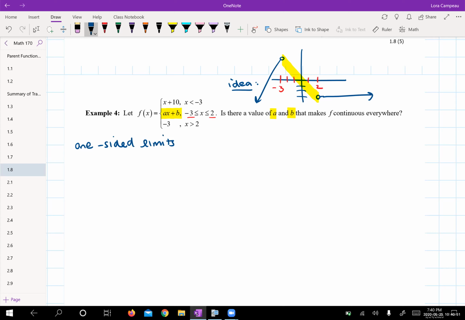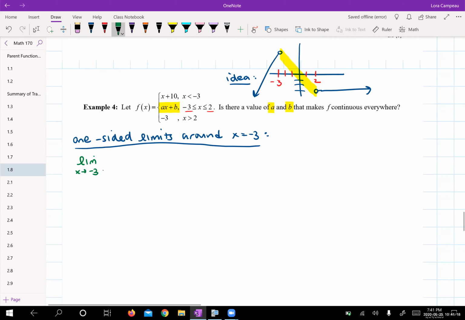So if we want to look at one-sided limits around the x value -3, I'm going to try to label this for you. I'm going to say left limit, the limit as x approaches -3 from the negative side of f of x.